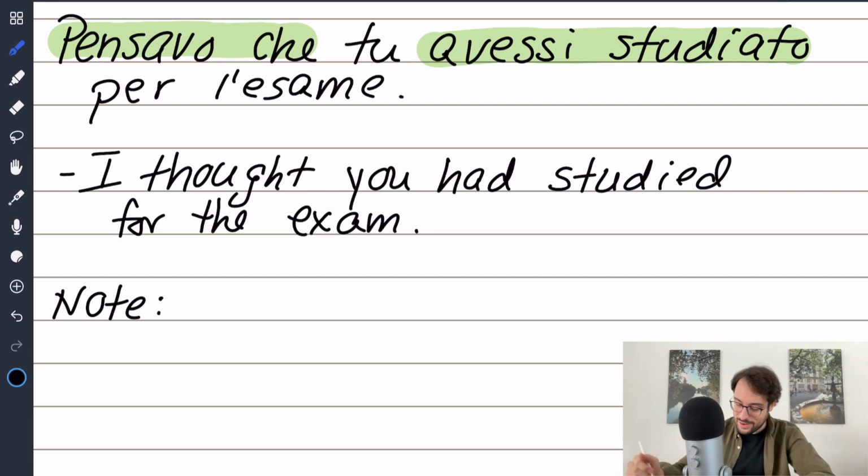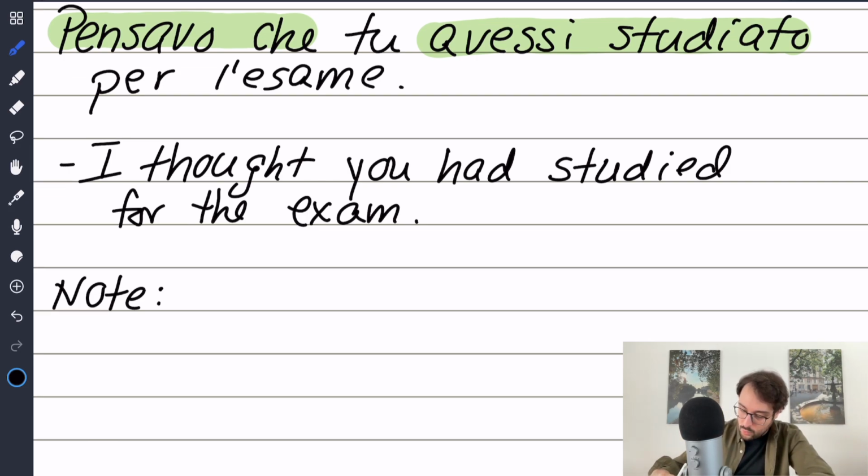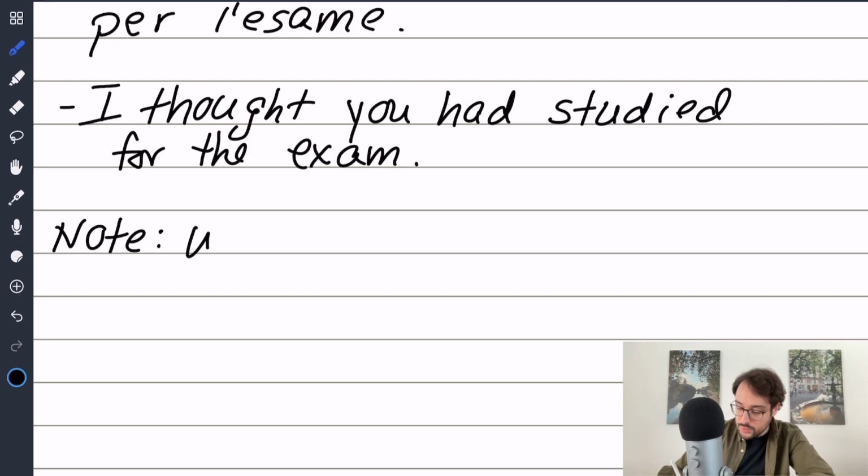So, all right, here's the note. When you use, so this goes for the trapassato, even in the indicative. I don't believe I did a video on that yet, but it works just like this.